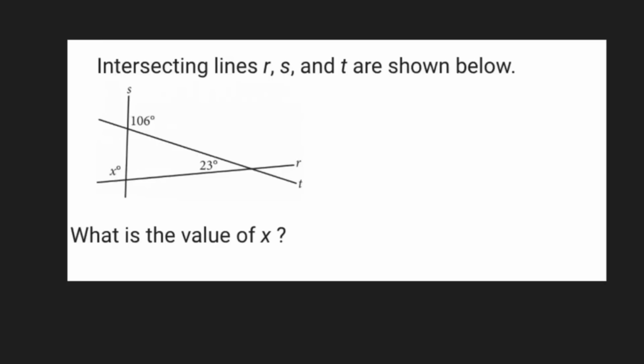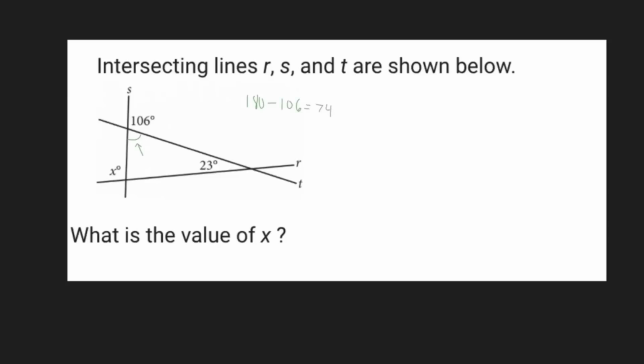So because this 106 degree angle is on this line S, this missing angle here, which actually represents this triangle, that is going to mean that 180 degrees minus 106 degrees is going to be equal to this missing angle. And so we can pretty easily just do 180 minus 106, and that will give us a value of 74.